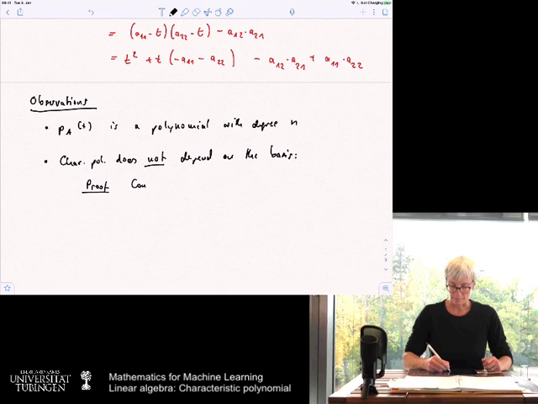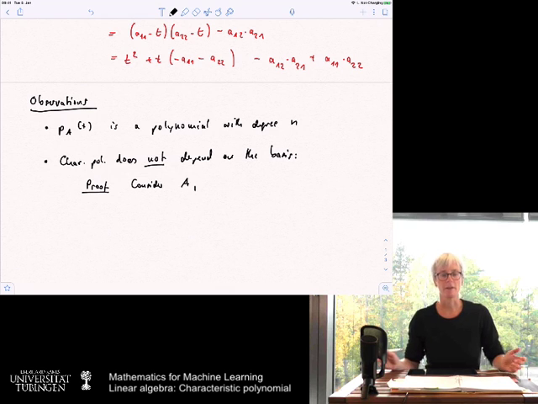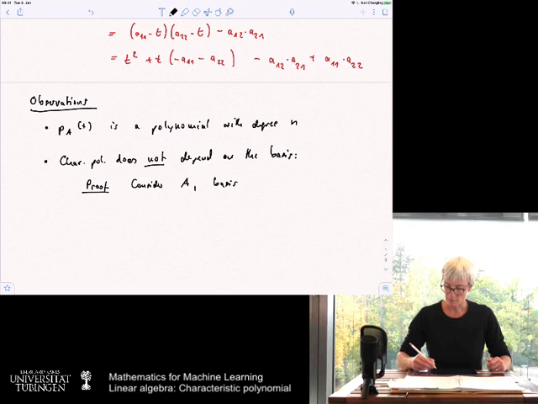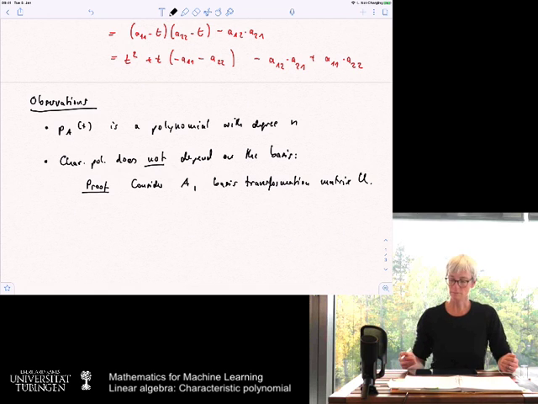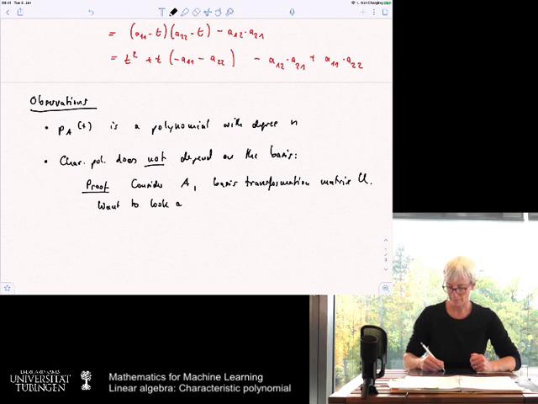So consider a matrix A, and consider also a basis transformation matrix U. And then what we want to look at is the characteristic polynomial of the matrix U A U minus 1.